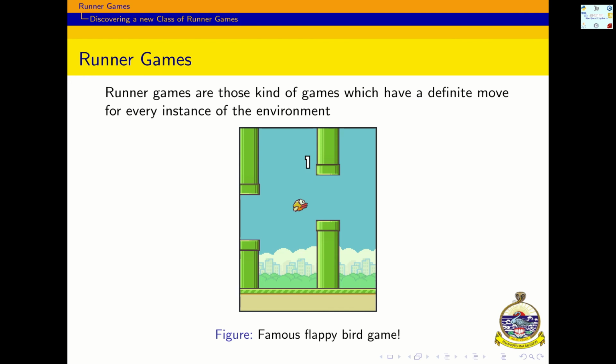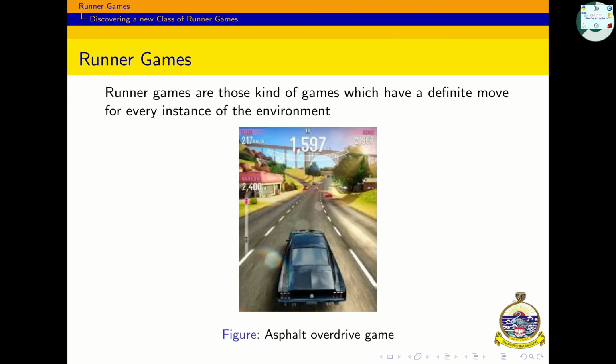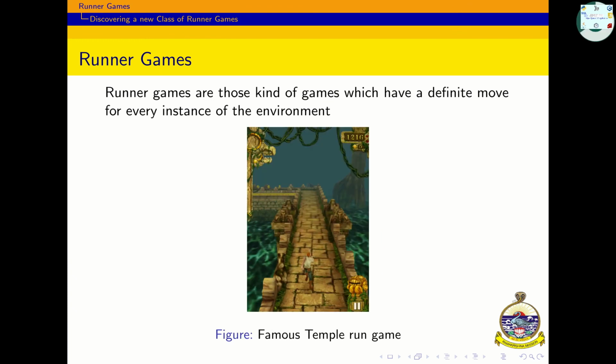But in theory this can be played, and it can also play Asphalt, this overdrive game. You just need to go left or right depending on the situation. Even Temple Run can be played, but with a very low reflex time.